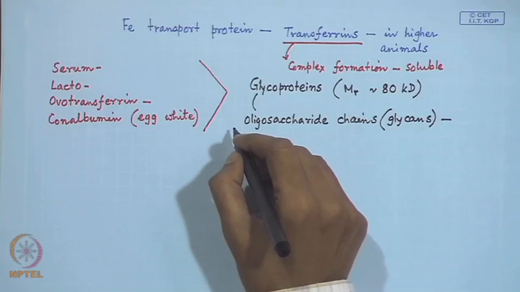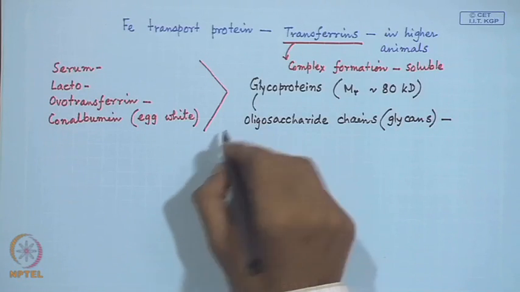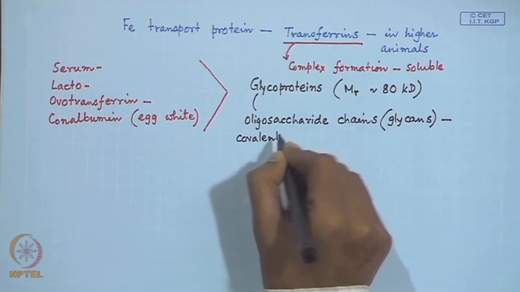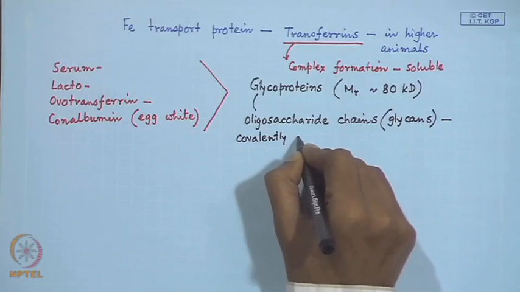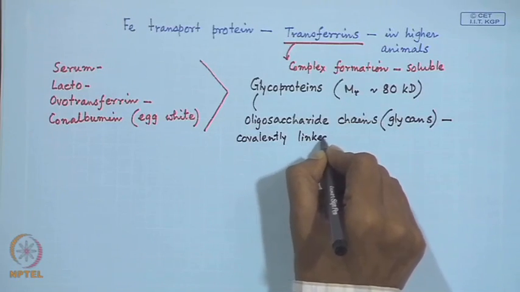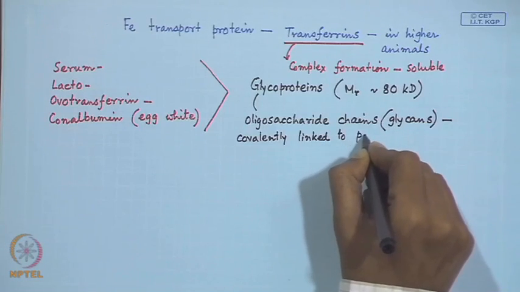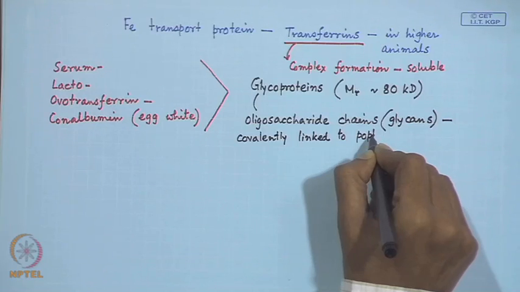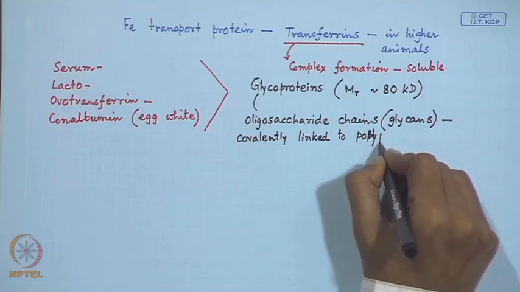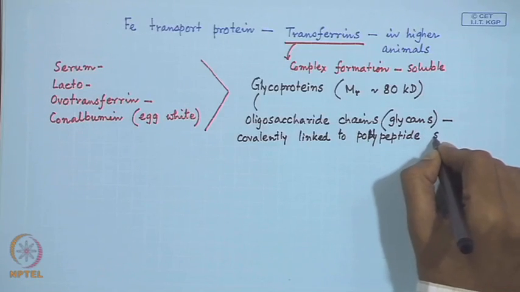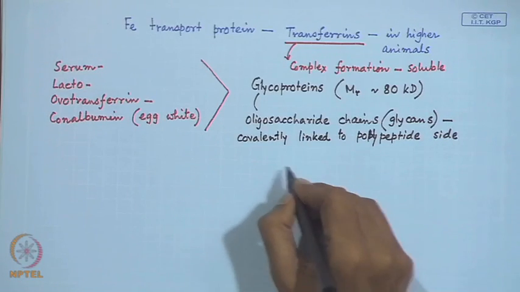So, 2 to 10 saccharide units are there, which are ultimately linked covalently to the polypeptide side chains.